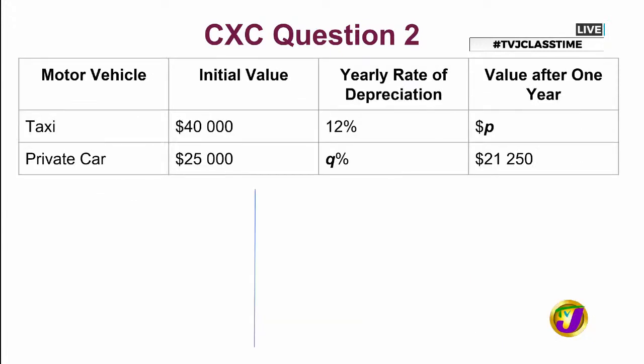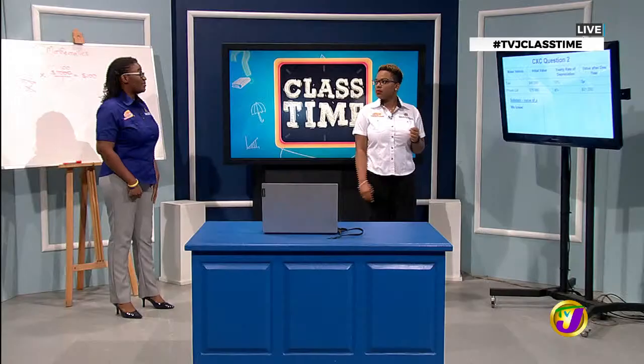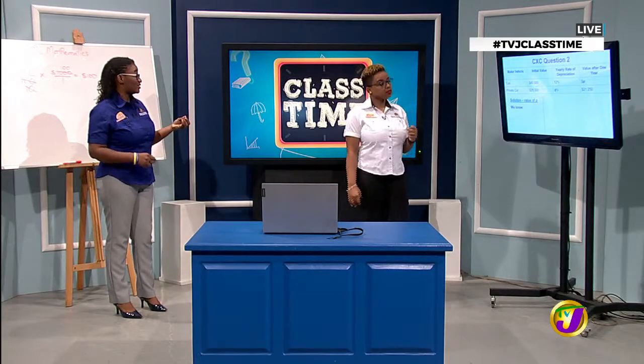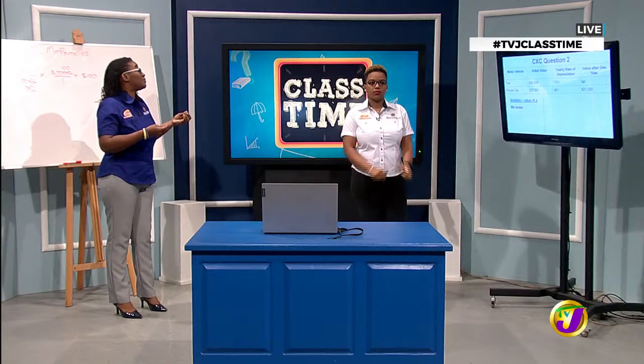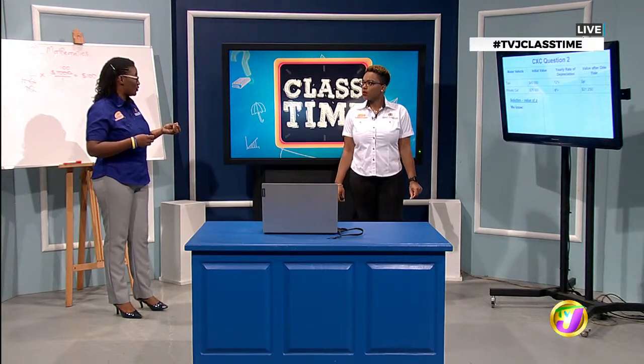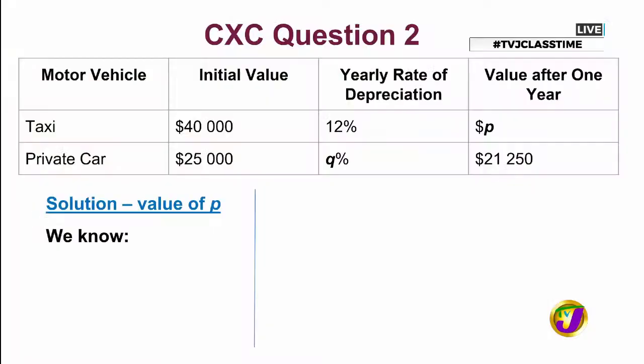All right. That doesn't sound odd. So we're finding the value for P first. Yes. So P has to do with the taxi. And based on the table, it's even easier to pick out those values that we know. Right. All right. So let's talk about what we know. We know, of course, the present value. You may not see present value on the table, but it's the same as the initial value of $40,000.